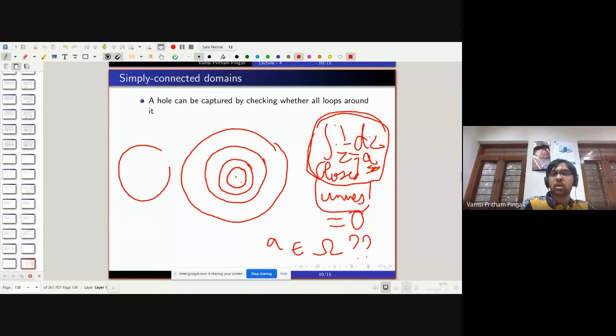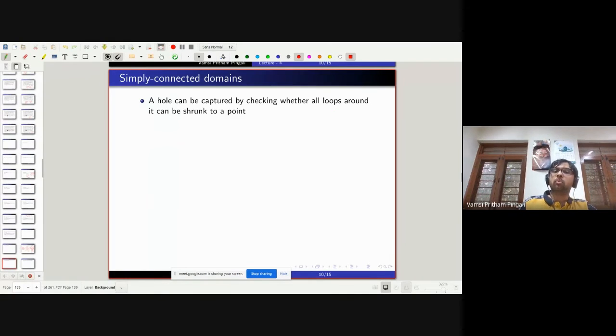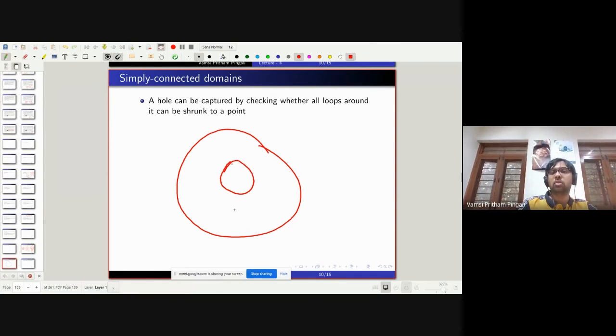In other words, if I fix a point, no matter what curve, if I try to shrink this curve to a point, at some point I'll run into trouble, right? So we can check whether all loops around it can be shrunk to a point. So if I want to see whether something is a hole, we'll take a loop, try to shrink it to a point. At some point, you're in trouble. Oops, there's a problem. Okay.